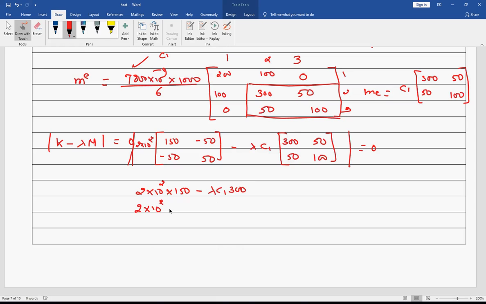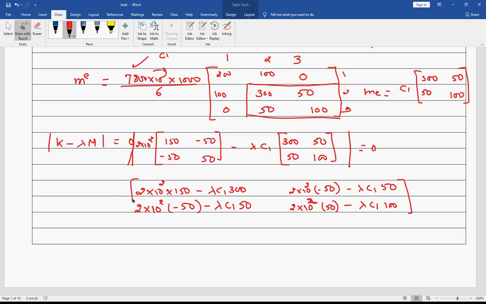Then 2 into 10 square into minus 50, minus lambda into C1 into 50, then 2 into 10 square, and then it will be minus 50 minus lambda C1 into 50, then 2 into 10 to the power 2, and then 50 minus lambda into C1 into 100.